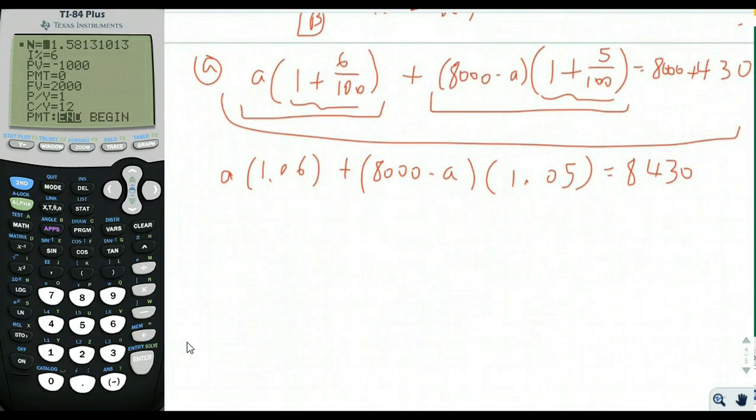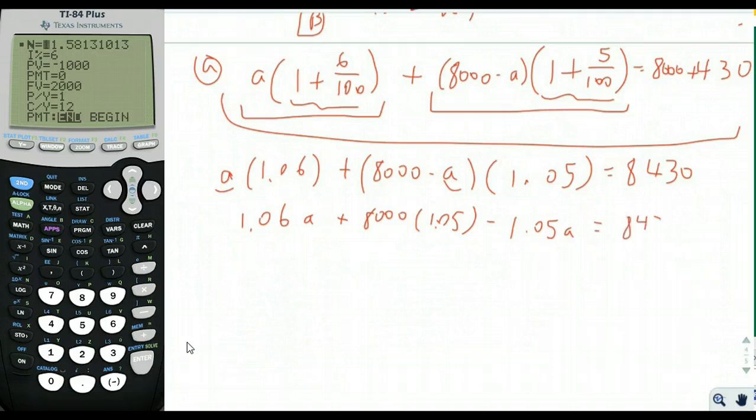Okay. So now the equation is a little bit simpler. Now to figure out what A is, because that's the only unknown, we just need to combine like terms. We'll rearrange everything a little bit, so we'll have 8,000 times 1.05 minus 1.05A is equal to 8,430.